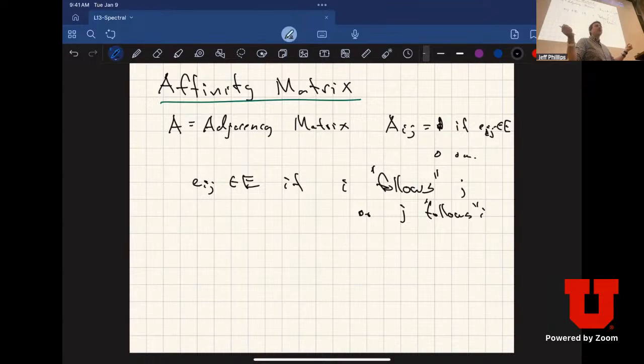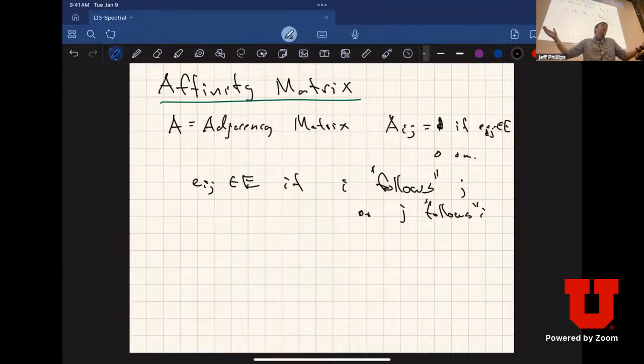Should I put an edge between myself and this other person? So maybe I'm still interacting with them in some way, right? There are lots of ways you can interact with people, and how you design the edges is up to you. If they follow, that's a pretty easy way, but there are lots of other ways you can measure interaction.